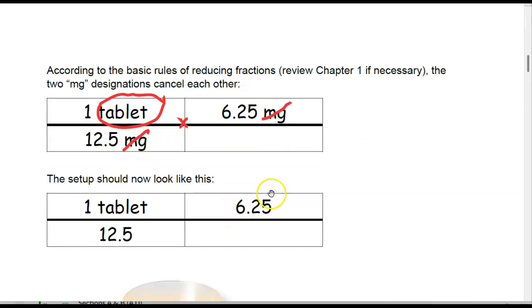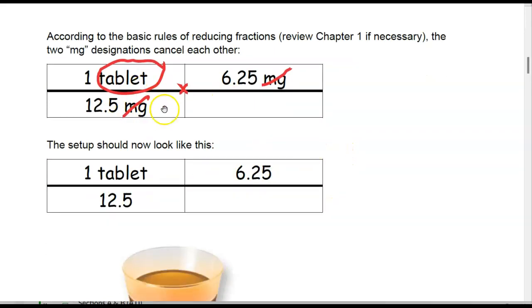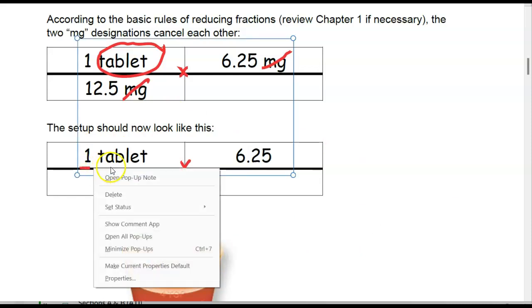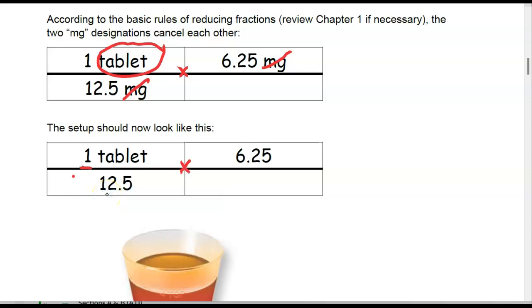So the setup should look like this: one tablet over 12.5 times 6.25.